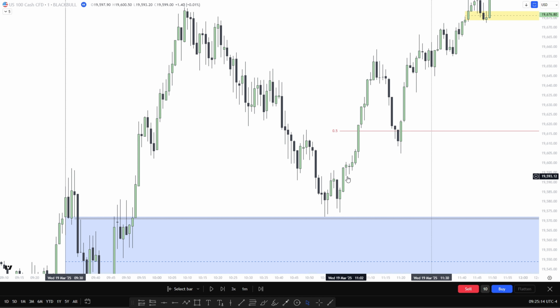Try to put a limit order one tick above the fair value gap, or two ticks, because sometimes it's not going to go down into the fair value gap. So this way you will make sure that it triggers your order and you're in.